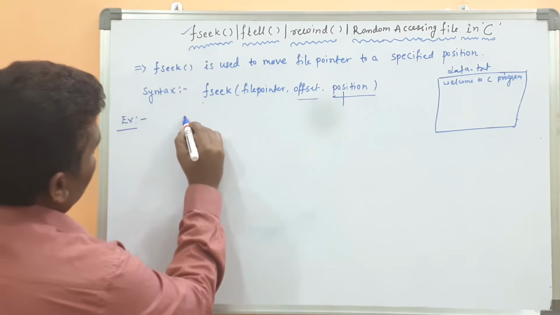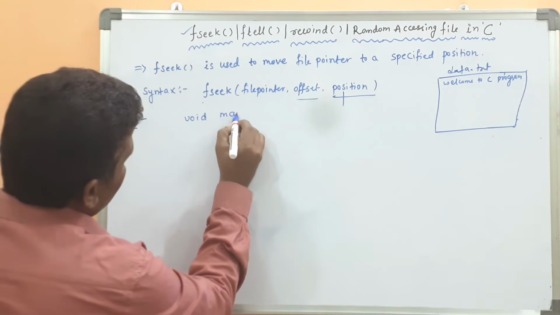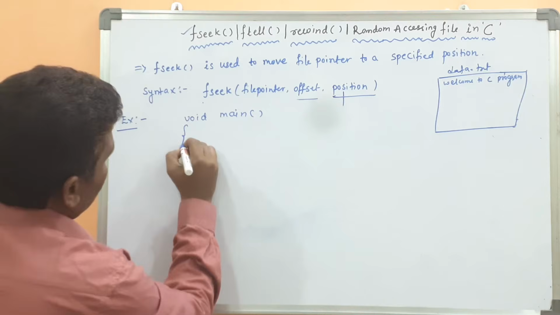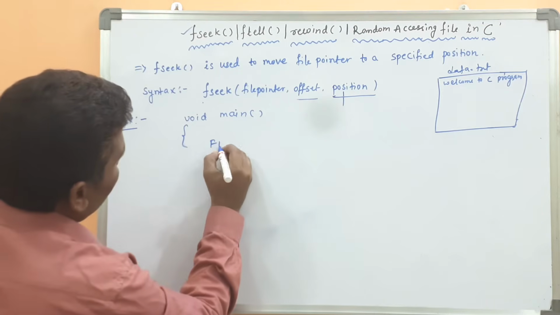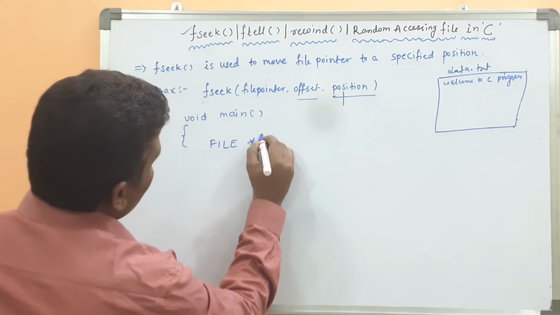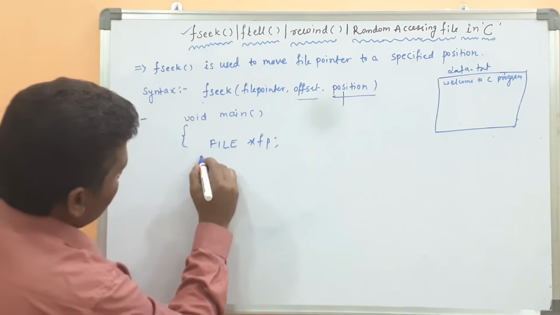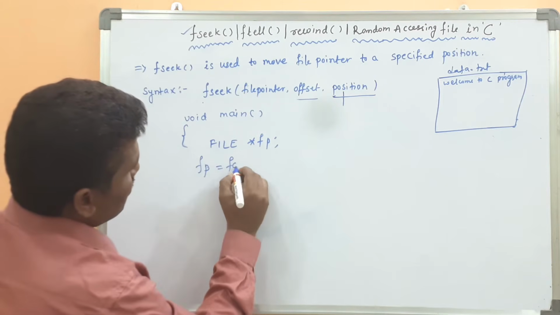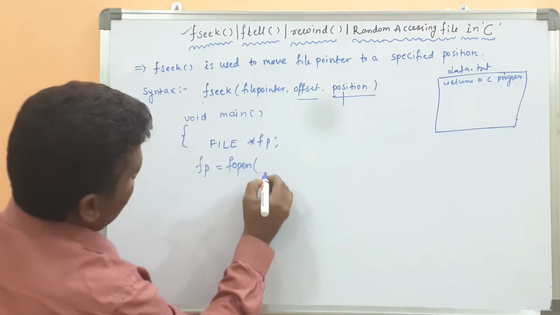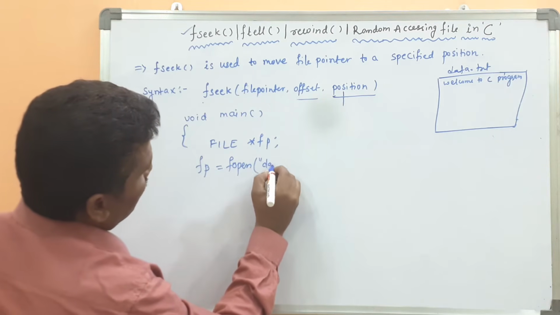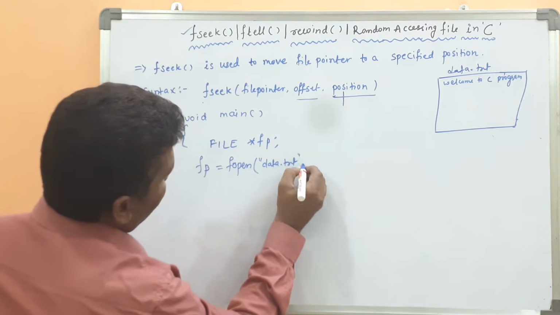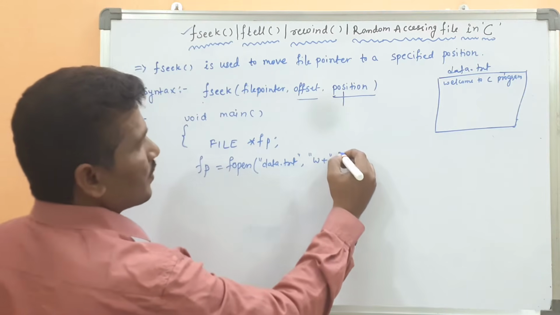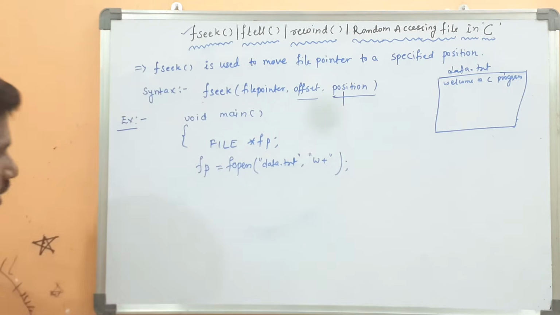Then I want to write a file pointer, fopen data.txt, in write mode or read mode, in double quotes.